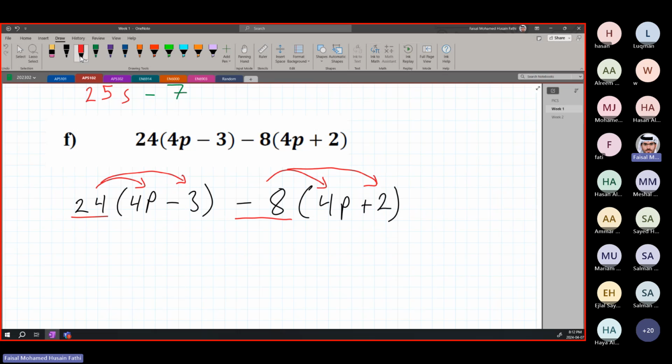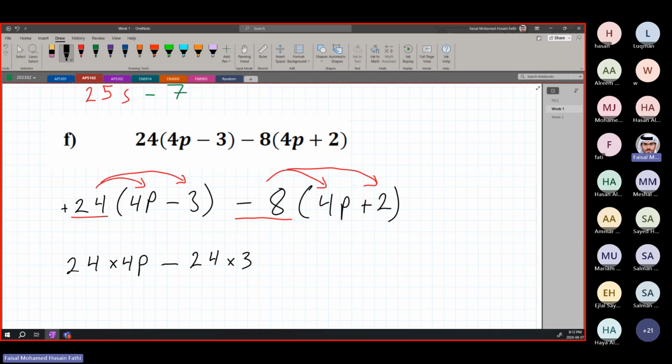If we do the first one, this is going to be 24 times 4p. Then we look at the sign. This is as if it is plus 24, and this is minus 3. So plus and minus gives you minus, and it's going to be 24 times 3. So it will be minus 24 times 3.